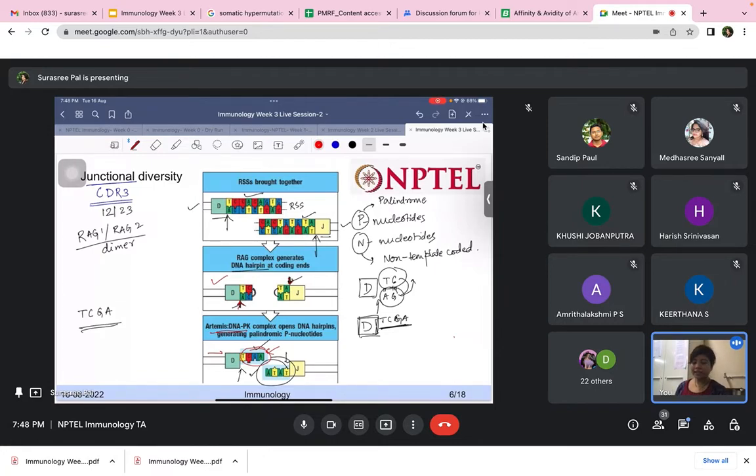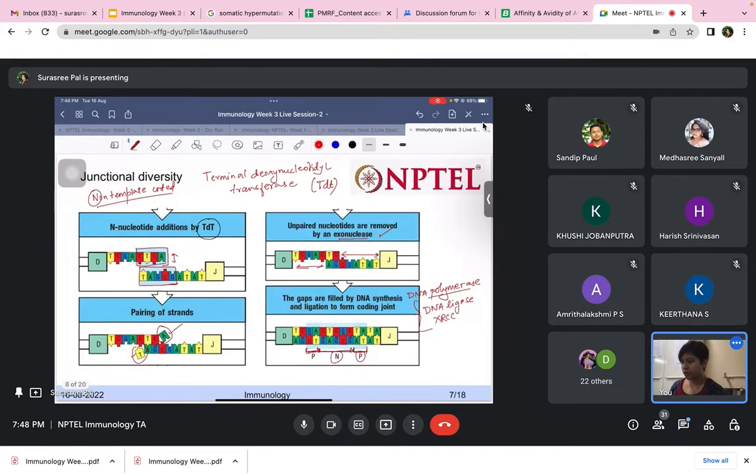And then finally, how are these palindromic nucleotides joined? How is this gap, the gap which is generated later on, filled? Most of you were answering TDT, but please remember TDT, or terminal deoxynucleotidyl transferase, adds N nucleotides.